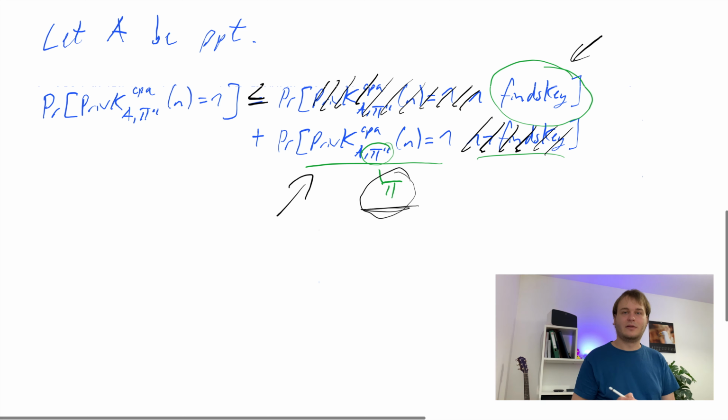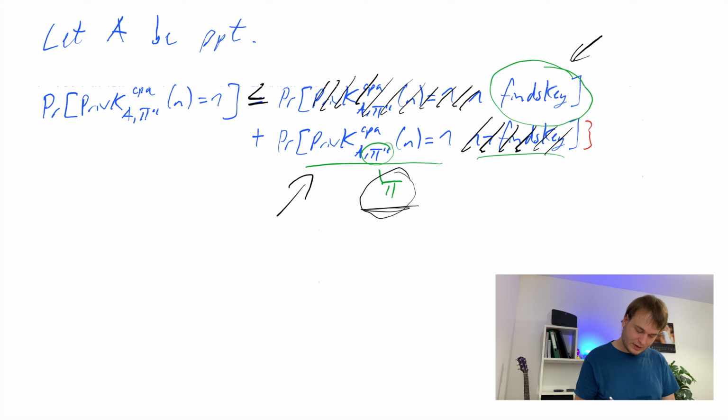Okay. Then we know that this part here is negligible by assumption, because the original encryption scheme pi was of course secure. And we're just proving that our weak message doesn't change anything about this in pi prime prime. And this event here, that he finds the secret key, that's also negligible.